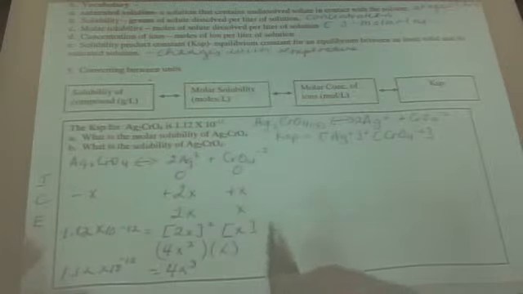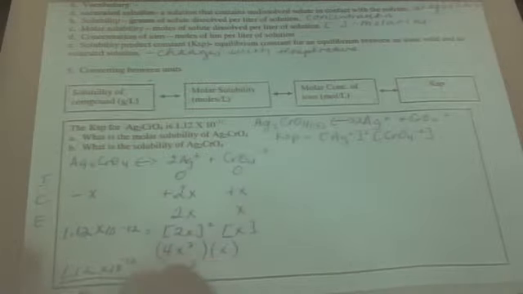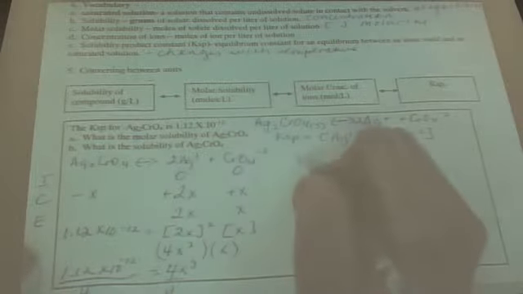Is 4x cubed. So my first plan of attack, because I am a little challenged in the math department, is I'm going to divide both by 4, and then my x cubed is going to be equal to 3 times 10 to the negative 13.